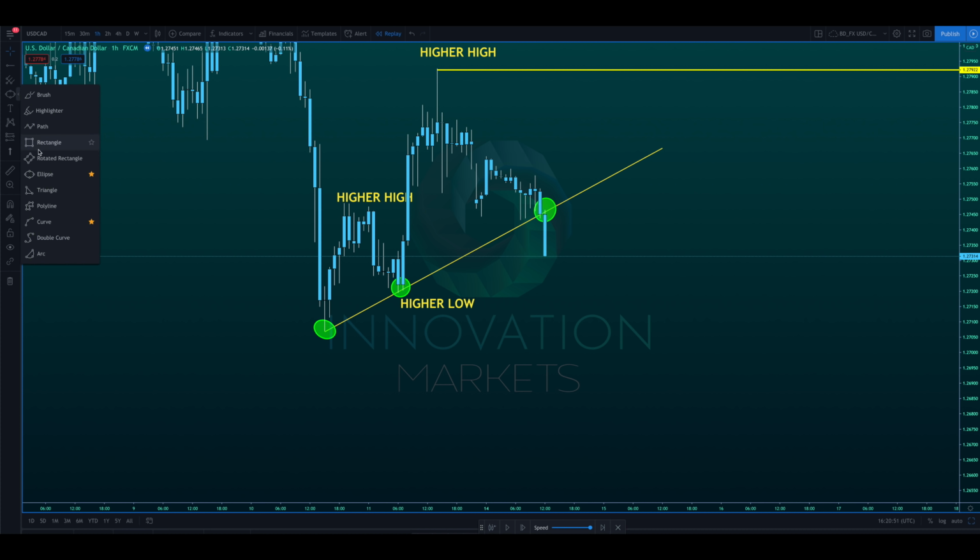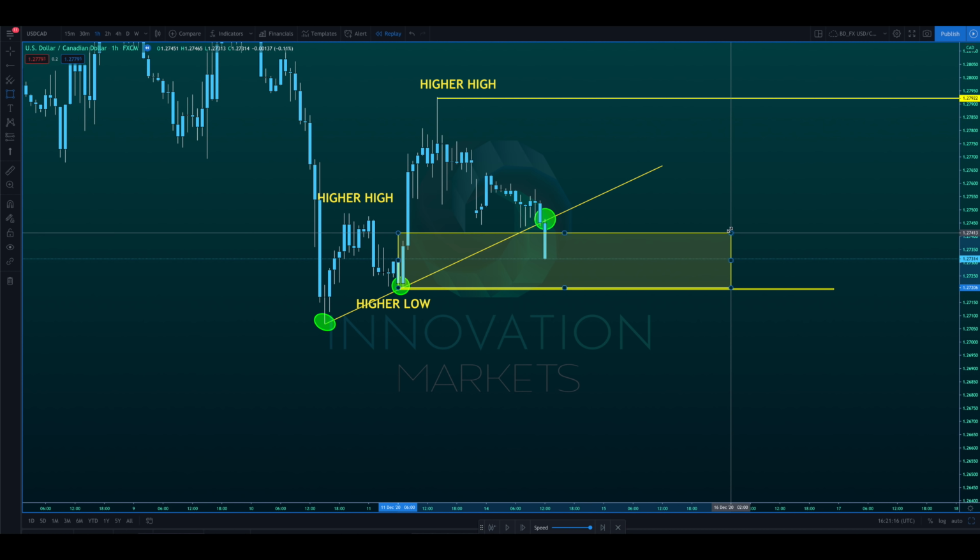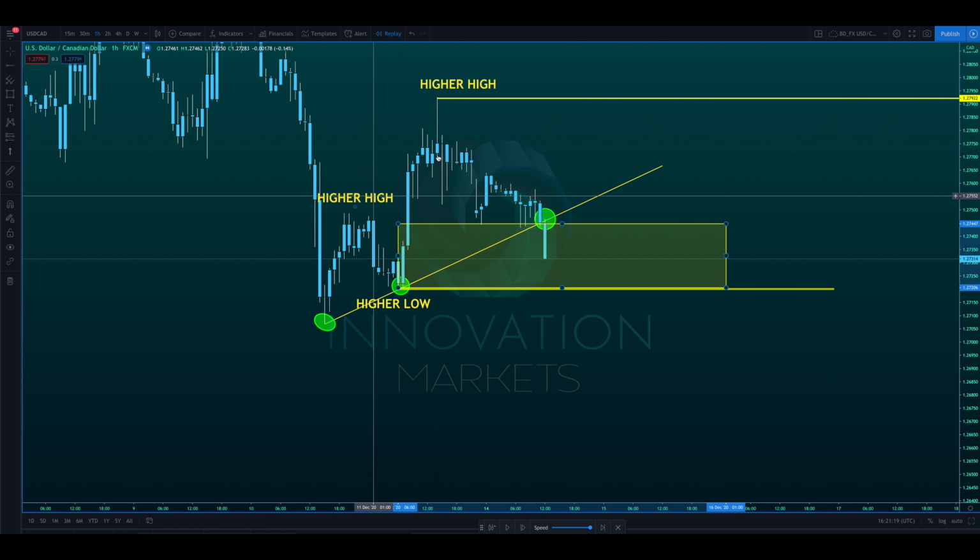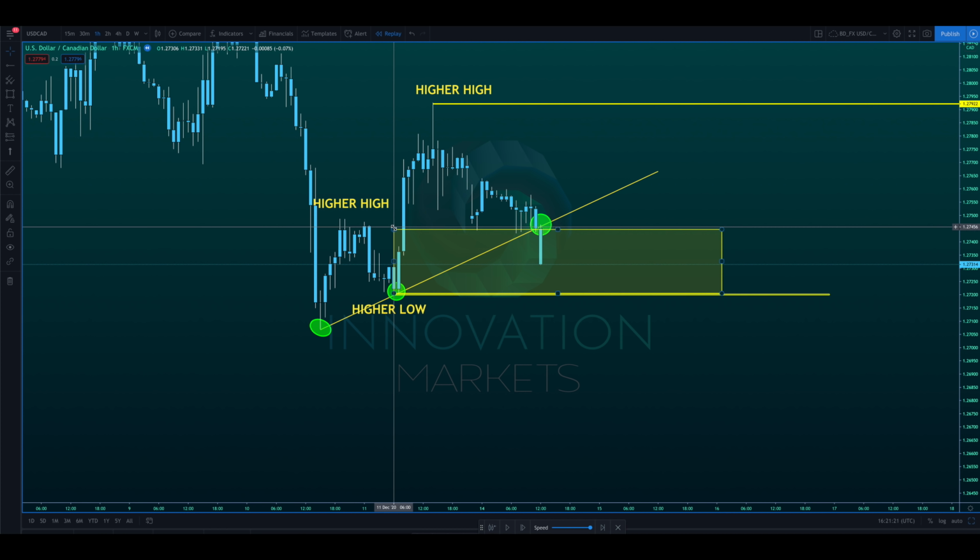We've got higher high, higher low, higher high. If this comes down and makes an equal higher low, it is still classed as an uptrend. So if price comes down to here or above, anywhere in this region, price on this 1 hour time frame is still classed as being in an uptrend.